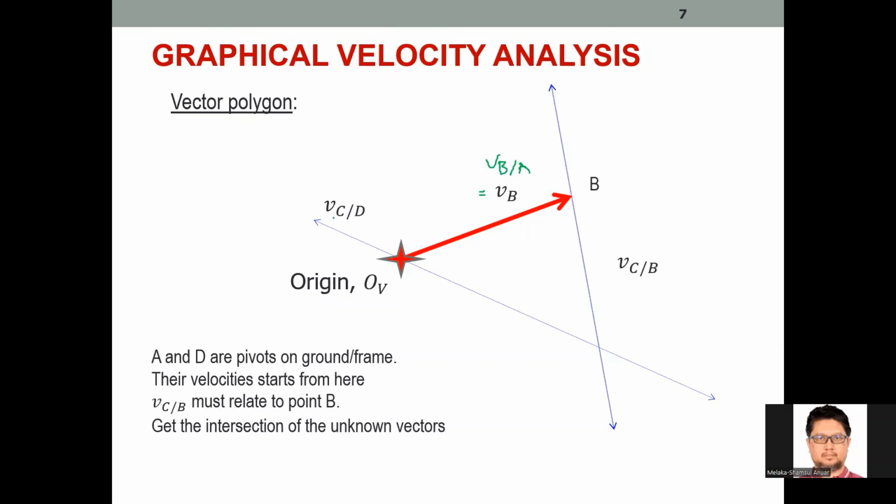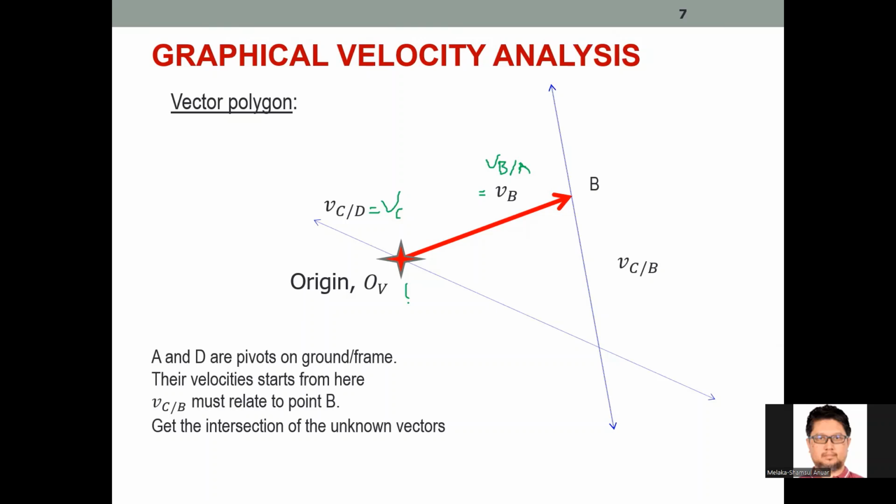Whereas VC/D is related to point D, and that is related to the ground, so it must pass through the origin. The origin in this vector polygon, the 0, 0, is the ground. So this is ground. How do I write that?